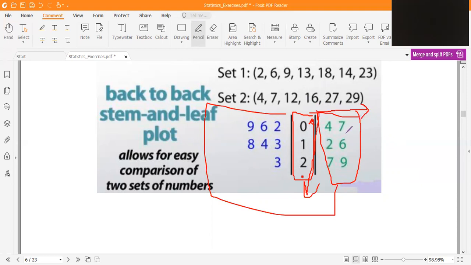The smallest value here is 04, so 4, because the next one is 07, so 7. The next is 1, 2, so 12. The next is 1, 6, so 16. The next is 2, 7, so 27, and 2, 9, so 29.